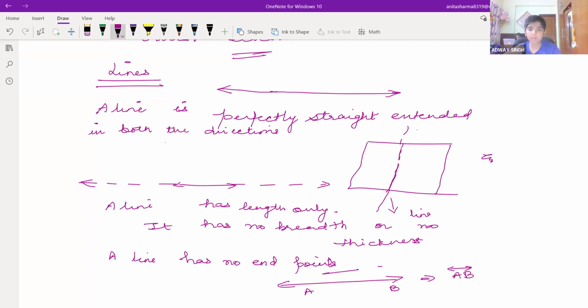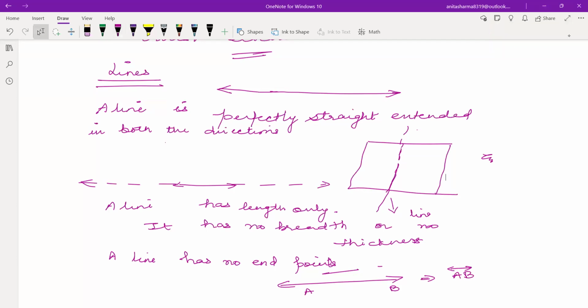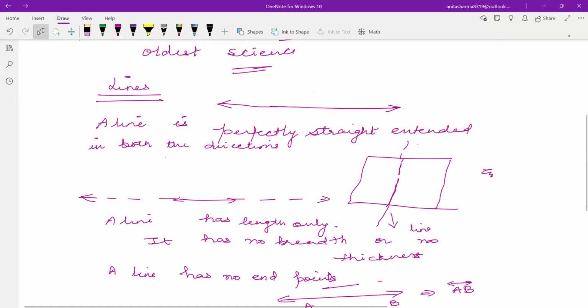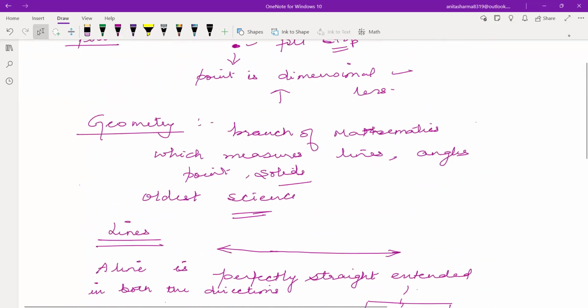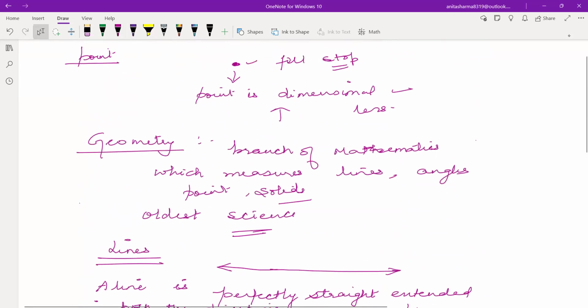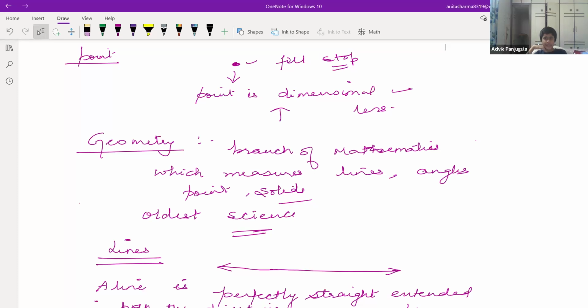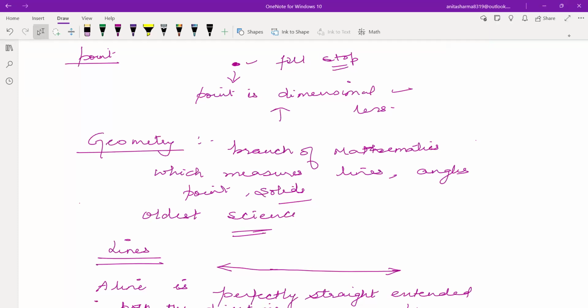Can you show the first definition? First definition, it was a point only. Okay, geometry definition, right? Note it down. Okay, Advik, just wait for it.